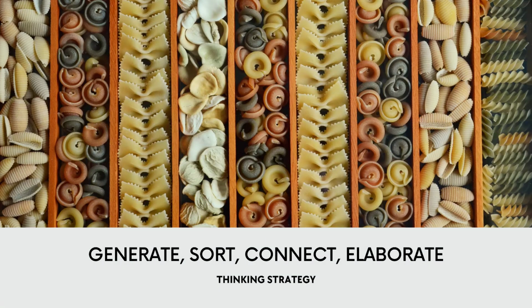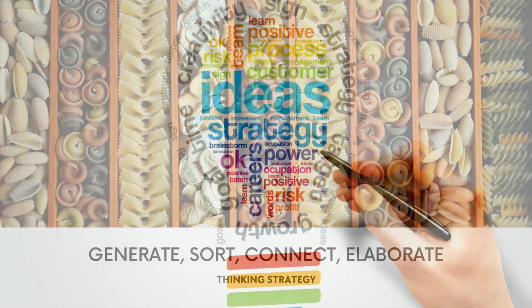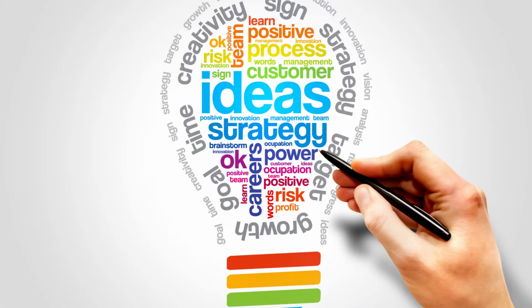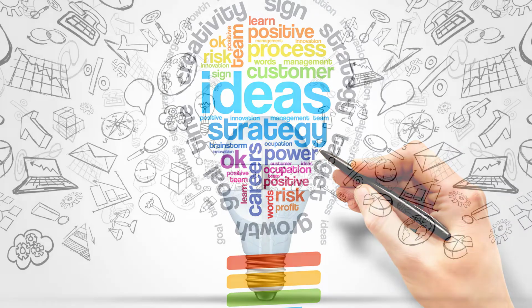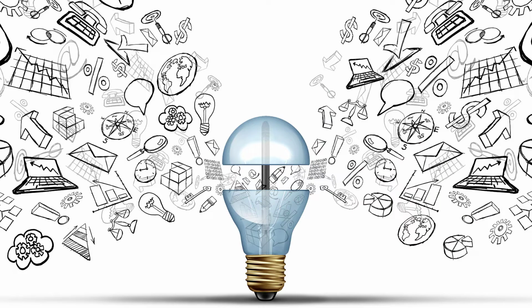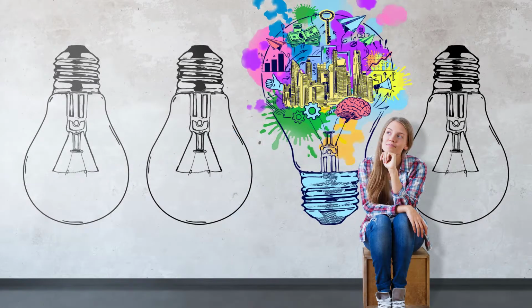Next, I used the generate, sort, connect, elaborate strategy. I really like this approach and it can transfer across subject teaching, making it a staple in any teacher's toolkit. The students generated a list of initial ideas and thoughts that came to mind when they thought about Brexit and its possible implications. They had to sort their ideas according to how important they believed they were. They placed the important ideas in the centre of their paper with the more tangential ideas towards the outside of the page.